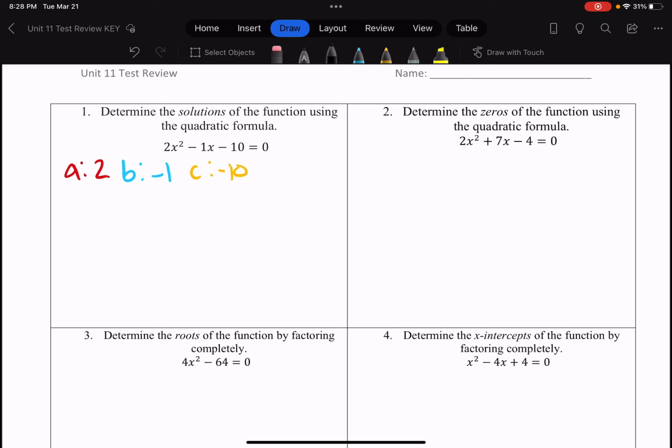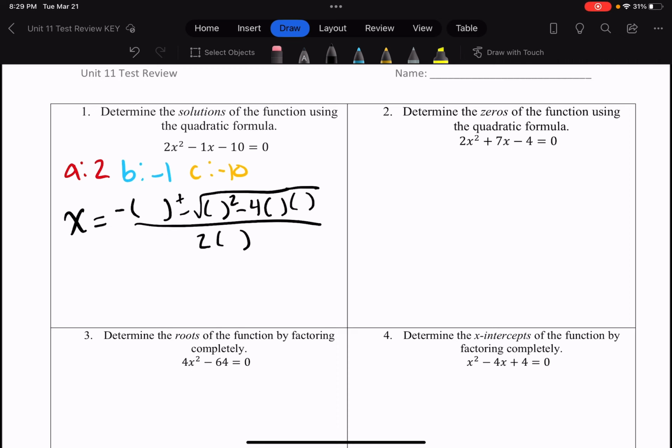So all that we're going to really require here is that you guys show us how you put this into the quadratic formula. So I know x equals -b plus or minus the square root of b squared minus 4 times a times c, and all of that divided by 2a.